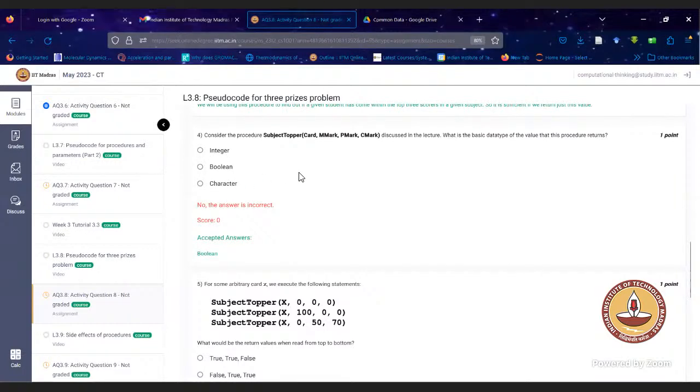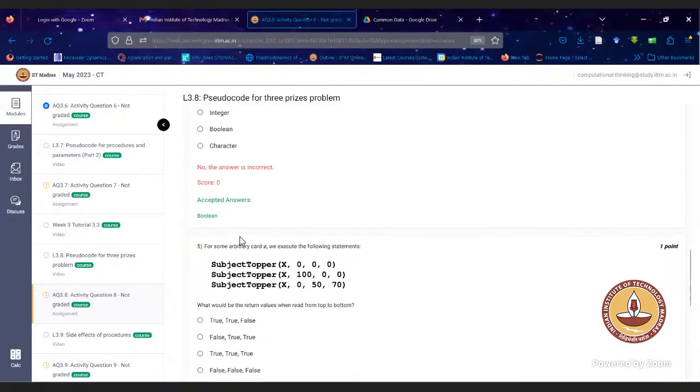And when you have only true and false, it is actually a Boolean data type. That much you agree, right? The Boolean data type only provides you a true or false answer. So if this procedure only returns true and false, automatically the basic data type of the value that this procedure returns is Boolean in nature.